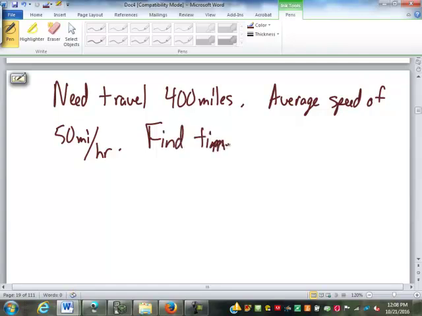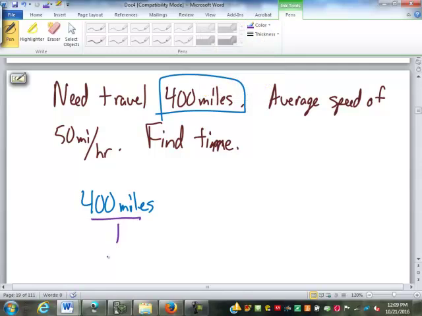Find the time it's going to take to make that trip. Well, we are starting with the desired 400 miles. I'm going to make it a fraction by putting it over 1. So 400 miles over 1.